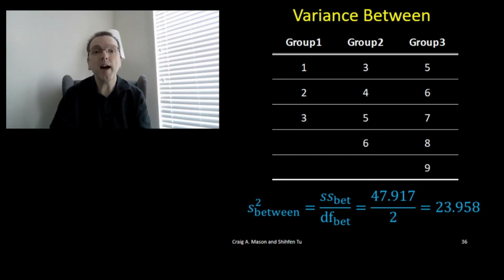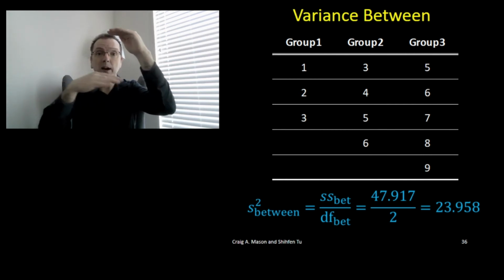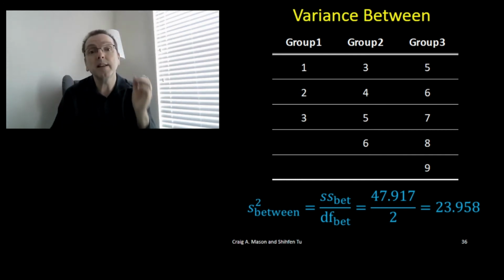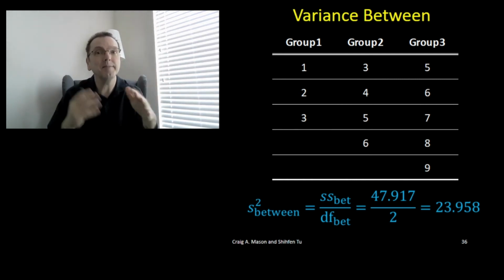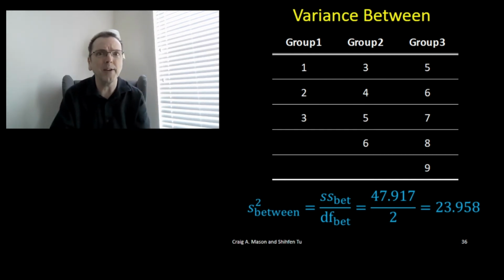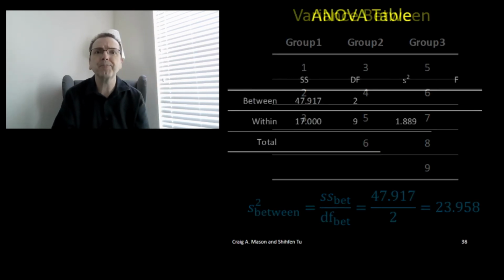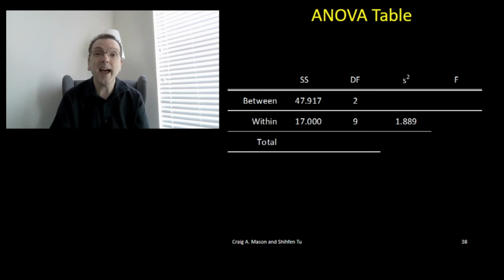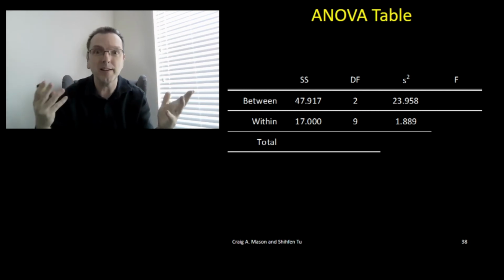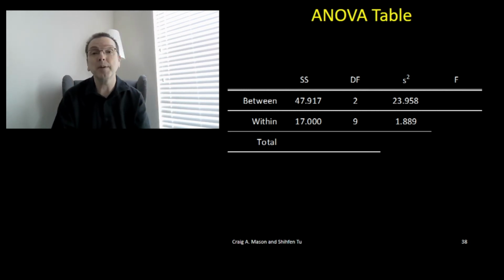We get this by dividing the sum of squares between by the degrees of freedom between, or in this case, 47.917 divided by 2, which gives us 23.958. Again, with rounding. And again, remember, I'm using non-rounded values, so if you've rounded, you may get slightly different values. And again, that's okay. So let's add that to our ANOVA table, and you can see we're steadily deriving all the information that we need for the ANOVA table.